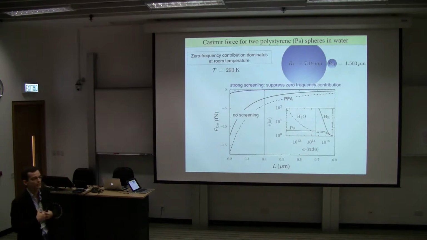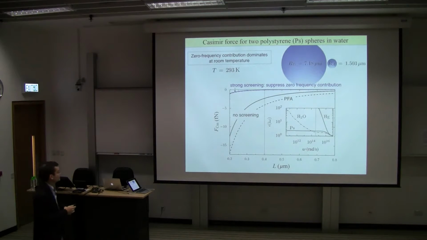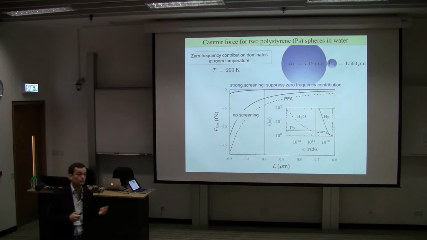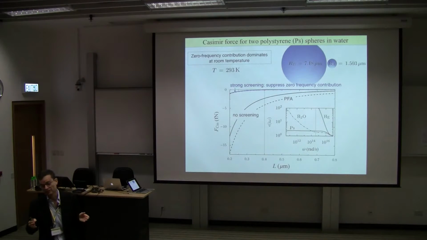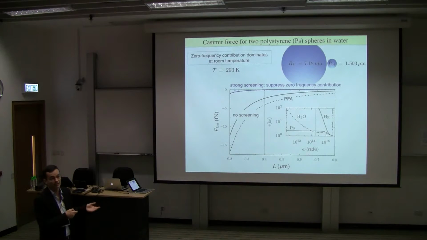So the Casimir interaction itself is going to be screened by the presence of movable ions. The problem is that nobody knows how to take that into account with some arbitrary geometries. I mean, there are results for parallel planes, so we can compute here if I'm going to use PFA, but PFA here is a very bad approximation.